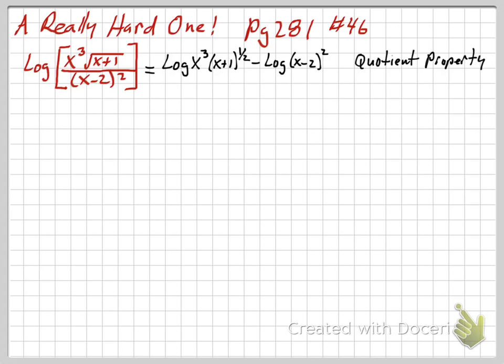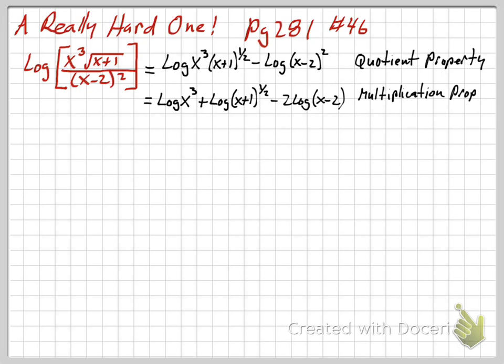All right, so use the quotient property. Okay, that's my first move. Turn it into a subtraction. And then we notice that the two pieces have a multiplication. So I can use the multiplication rule. And then on this second term, I can use my power rule. Okay, so on this guy, I use multiplication.